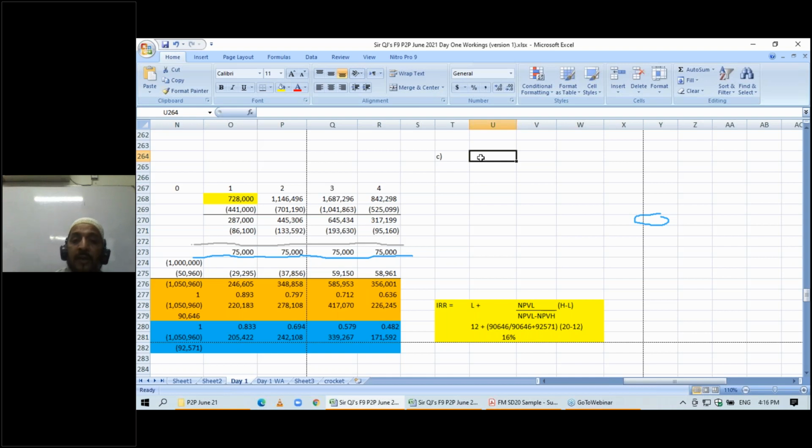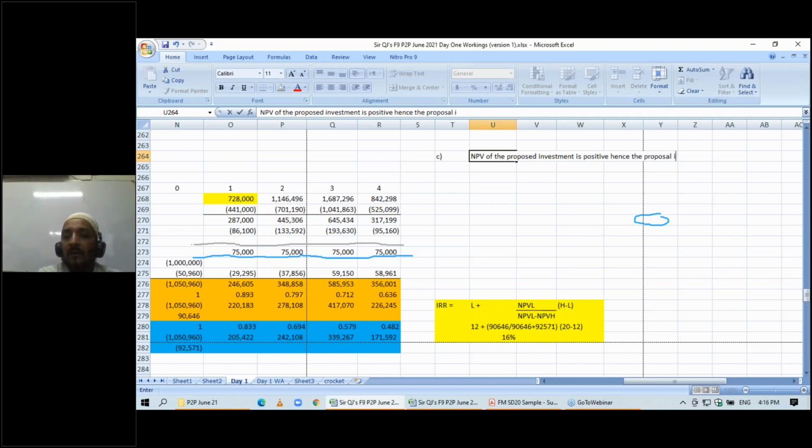So the first point is that the NPV of the proposed investment is positive. Hence, the project is expected to increase the wealth of the company.